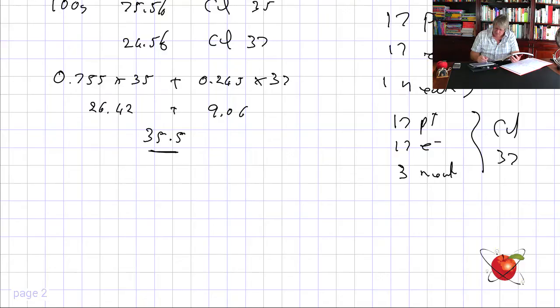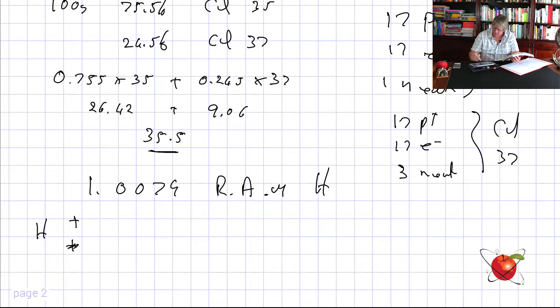So 1.0079 is the relative atomic mass of hydrogen. This here, one, remember, was just hydrogen on its own with one proton and one electron, like that.